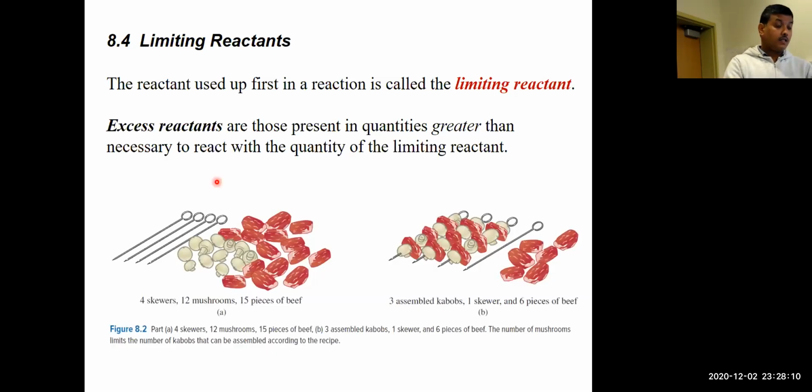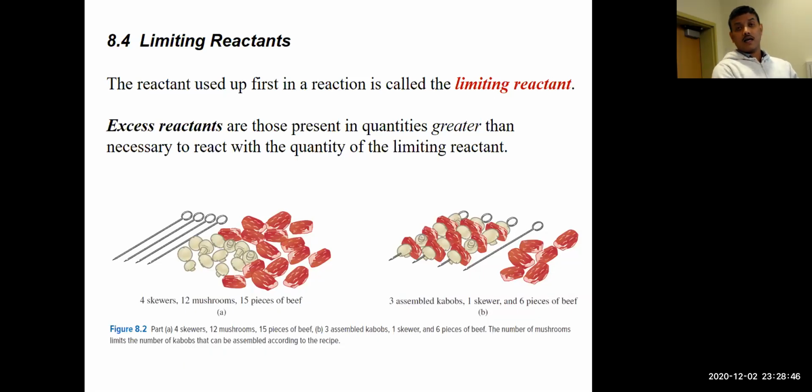So here is my analogy. Taken directly from the textbook. Let's say somebody decided to make kebabs. So during that, say, you pick up skewers, you want to use mushrooms and meat. If you start arranging them alternately, mushrooms and meat, for the given amount of meat and mushrooms, by 3 skewers, you ran out of mushrooms.